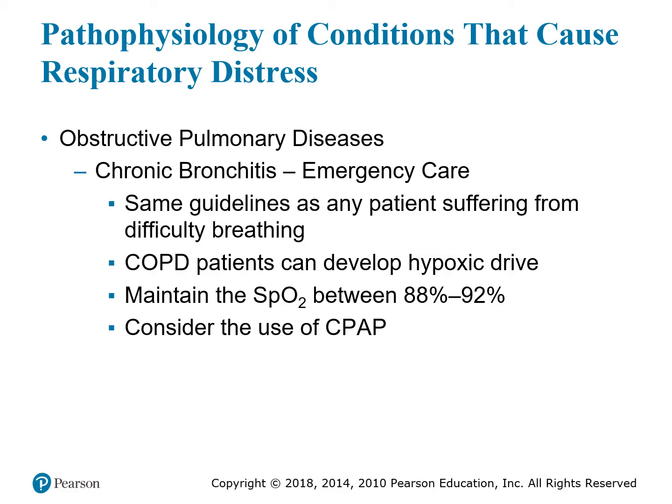We have the hypoxic drive as a backup, and COPD patients, after years and years of retention of higher CO2, their hypercarbic drive is not as sensitive anymore, so it becomes dulled, and therefore these patients will rely on the hypoxic drive. So it's important that we maintain an SpO2 between 88 and 92% if that is their normal.